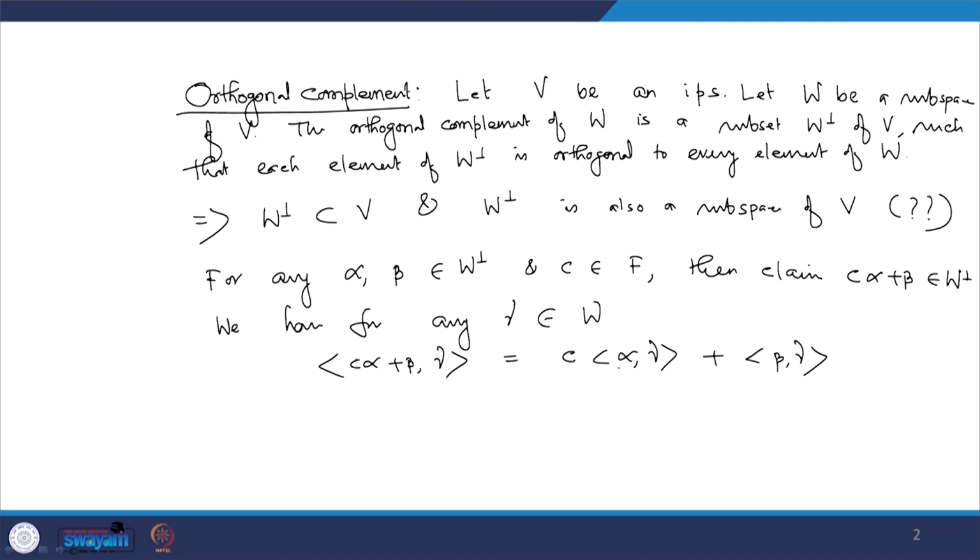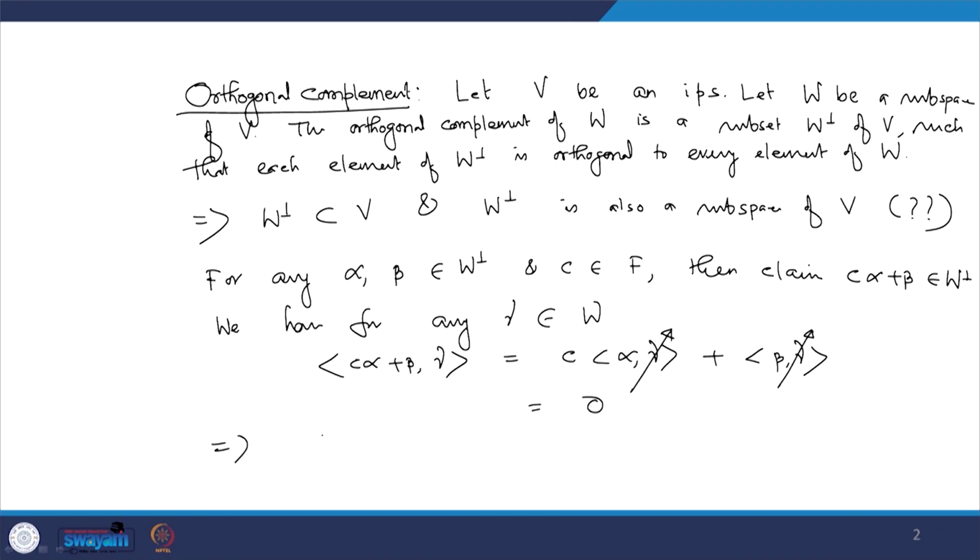So, since alpha belongs to the orthogonal complement, and beta also belongs to the orthogonal complement, this is equal to 0 and this is also equal to 0. So, this means that this is equal to 0.